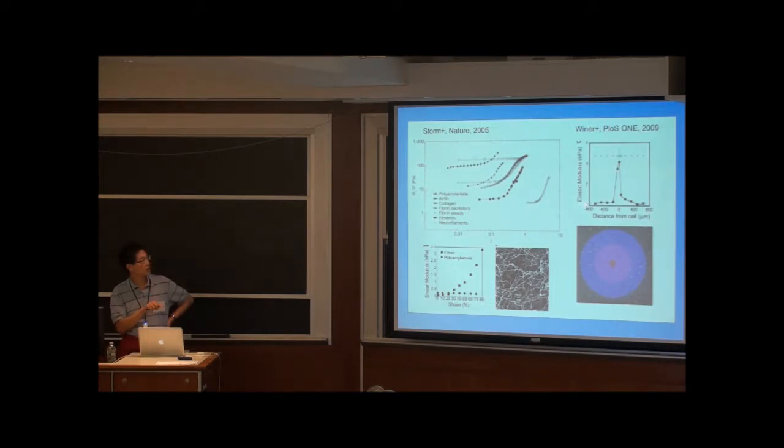And what you see, this is on a fibrin gel, is that when you're far away, the gel appears quite soft, right, in small deformation. But as you get closer and closer to the cell, you see the modulus increases dramatically. What's happening is that the cell is pulling on this fiber network, right? So near the cell, the fibers are highly aligned, and the material gets stiff.